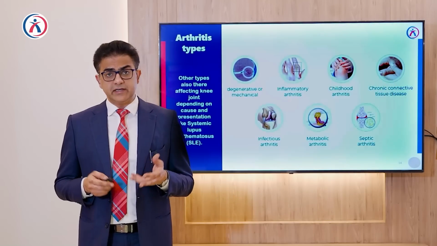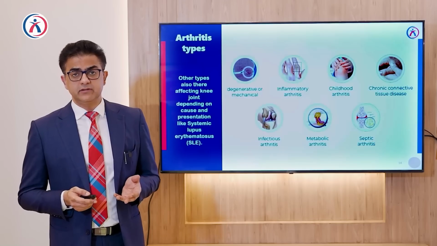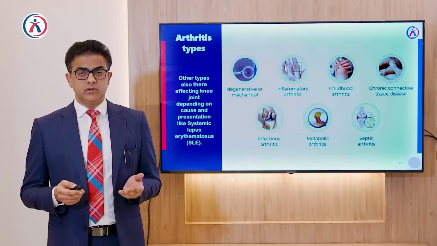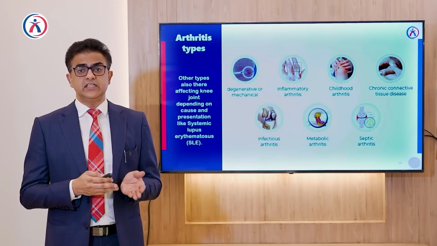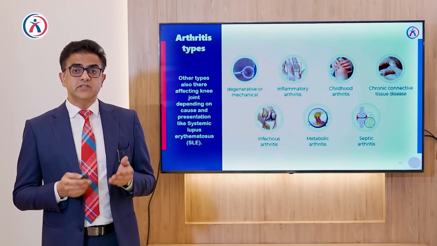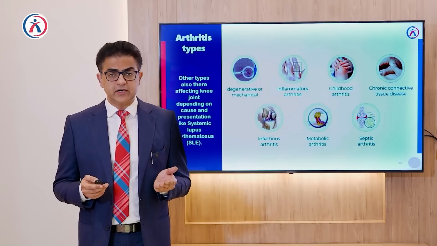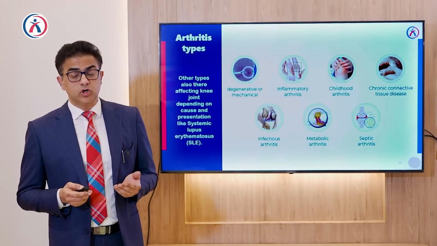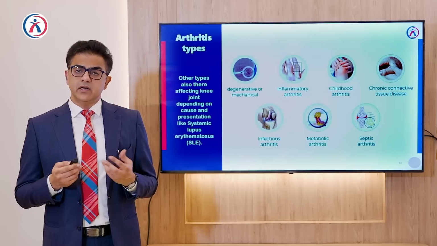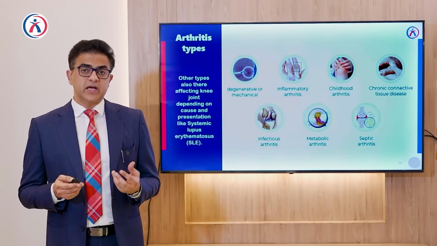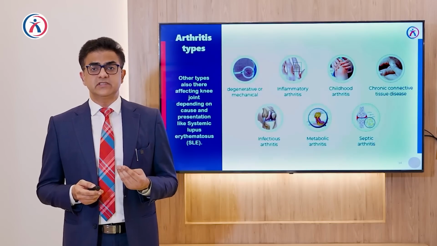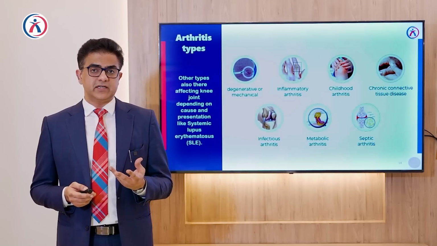Now coming to different types of arthritis, the most common is the degenerative or mechanical type of arthritis. Along with the aging population, it is the most common age group where people suffer from osteoarthritis or degenerative arthritis. The second common arthritis is inflammatory arthritis, wherein multiple blood parameters are also deranged, the most common being rheumatoid arthritis, which is a type of inflammatory arthritis.